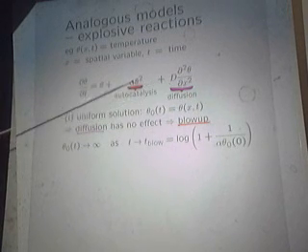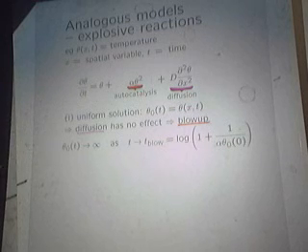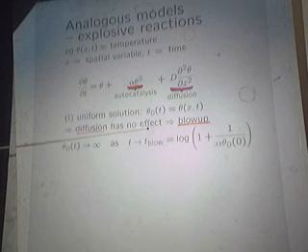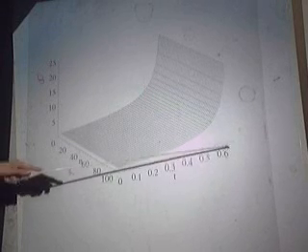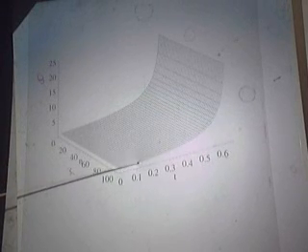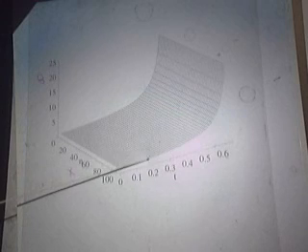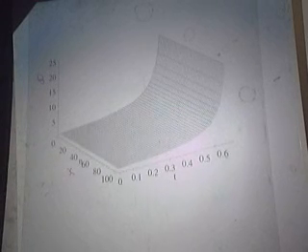And such a solution will still blow up because we've got autocatalysis, and you can work out the time at which it blows up. So this sort of solution will look like this. It's just the same as this picture here. So this is space down here, x, and time across here. You start with some small temperature, it grows very slowly, linearly, and then it's going to blow up.